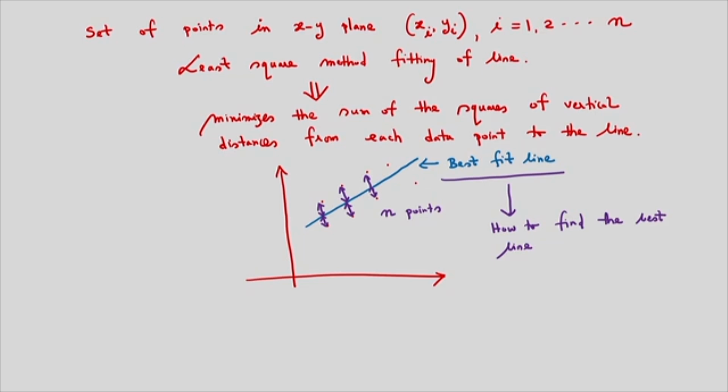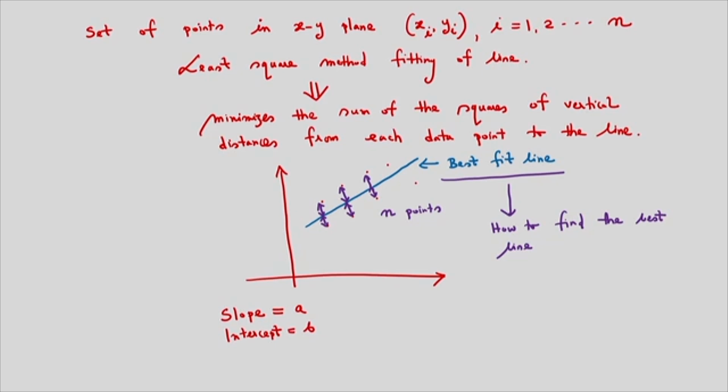Okay. Now, let us consider the equation of a line. This line is represented by two parameters, one is the slope, another one is the intercept. The slope is suppose a. So, for representing a straight line I need two parameters, the slope and the intercept.